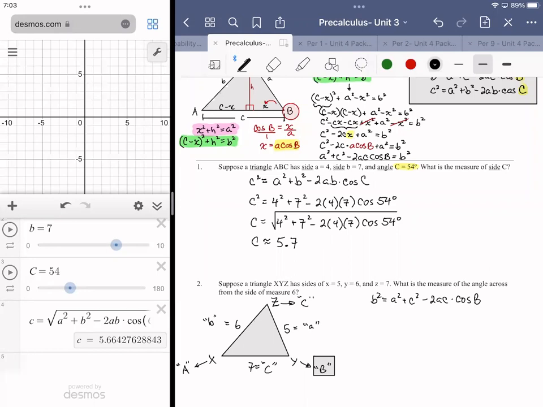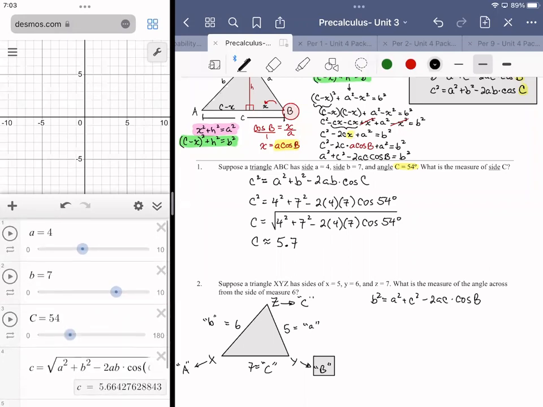So subtract off an A squared, subtract off a C squared from both sides. So I'd have B squared minus A squared minus C squared is equal to negative 2AC times cosine B.